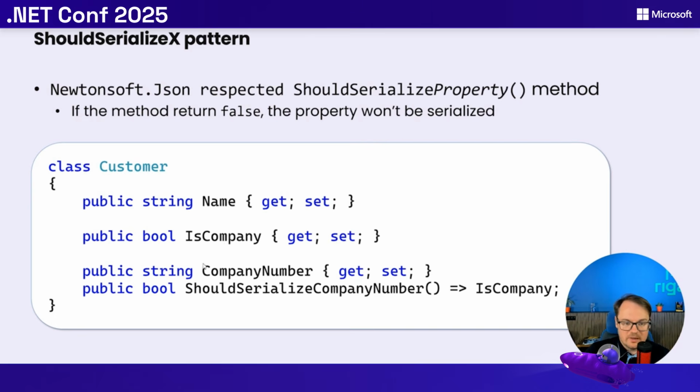However, if it's a company, there will also be this company number property. This is not supported in System.Text.Json yet, so we had to implement that. Again, we were not using that in the framework itself, but we weren't sure if some users might try to use that, so we implemented that as well in our converters.